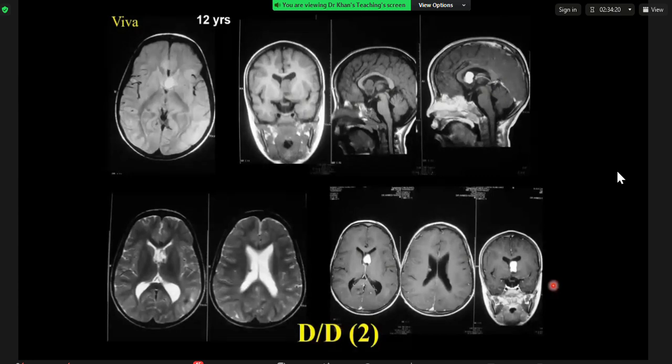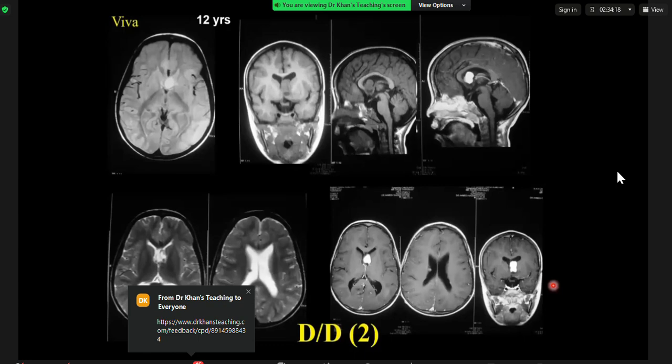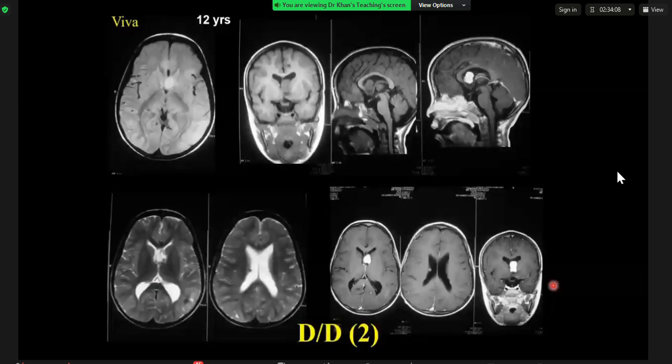Both the frontal horns of the lateral ventricles are symmetrical, but they look very prominent for a 12-year-old patient. On sagittal pre and post contrast, it's enhancing quite avidly. And I cannot see any hydrocephalus because the fourth ventricle is quite normal sized as well.